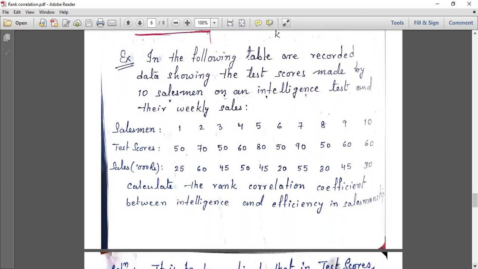Look at the problem. In the following table are recorded data showing the test scores made by the 10 salesmen in an intelligence test and their weekly sales. So two entries are given according to the 10 salesmen.